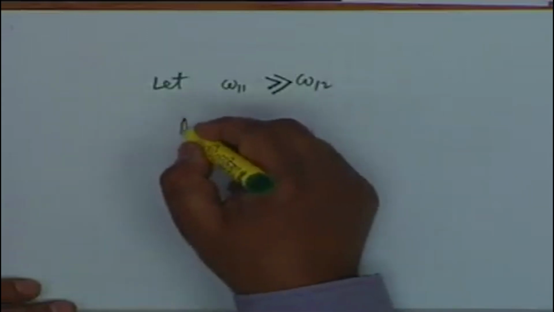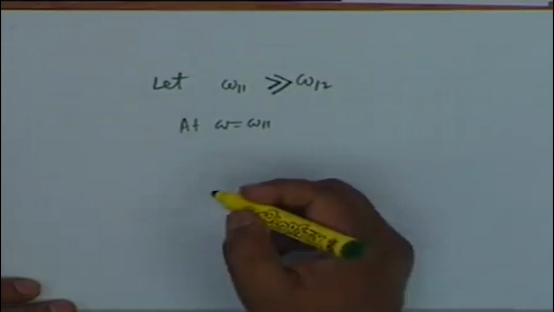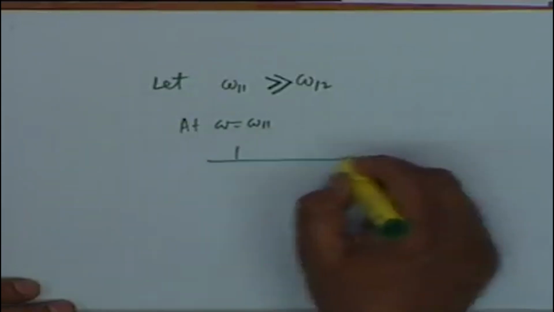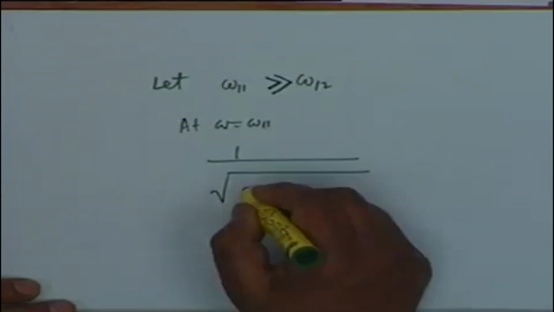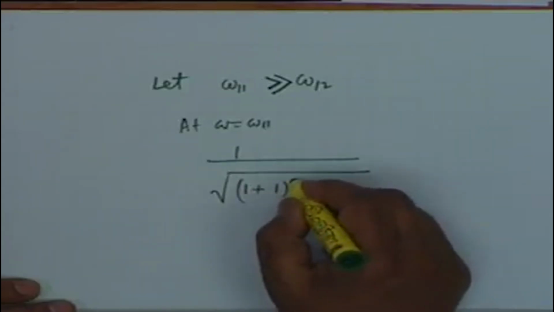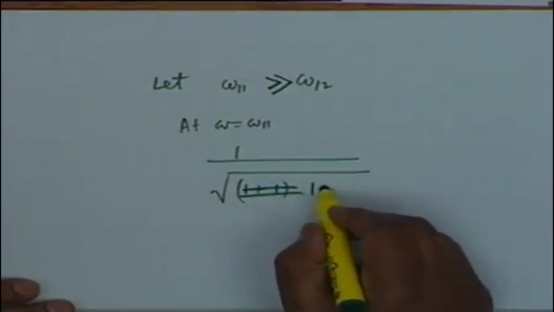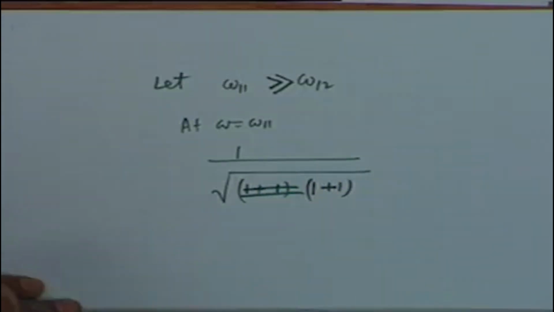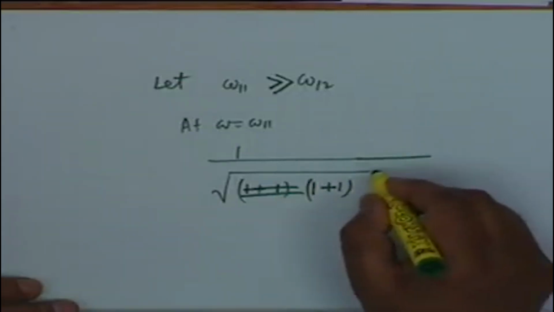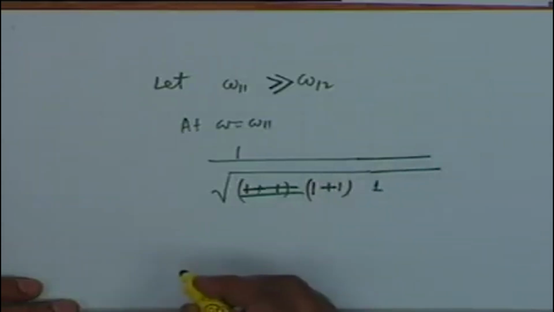Then at omega equal to omega 1, what is the value? What is the magnitude? Magnitude is square root of 1 plus 1. Yeah, 1 plus 1. Okay. And the other one is approximately 1.